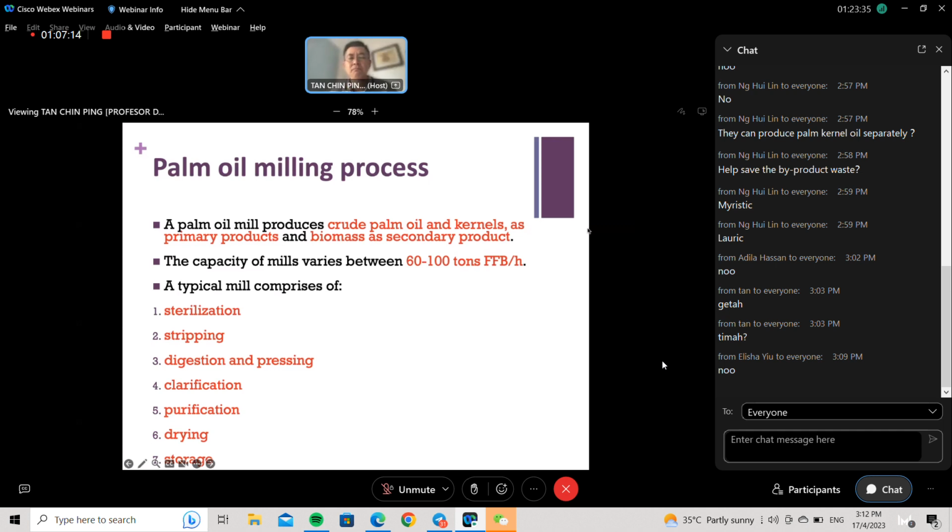Yeah? So the process is sterilization, which I already mentioned, to cook the fruits, and then stripping to remove the fruitlets, digestion to make sure the mesocarp is fully cooked and softened, then pressing to get the crude oil, and then crude oil mixed with hot water to go for clarification to separate particles and water out of the crude oil, and crude oil going through perhaps purification and drying to further dry it in order to obtain what we call a dry CPO.